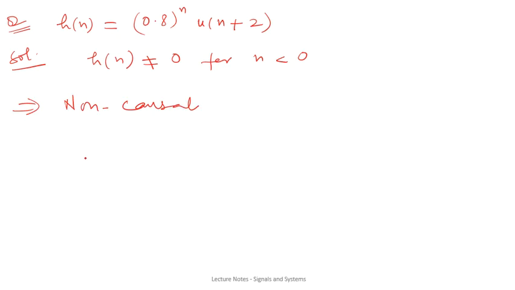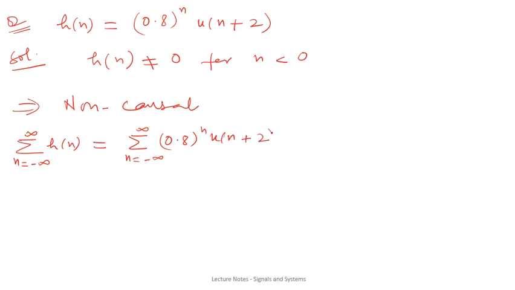Okay, and similarly for stability, you should try to solve this summation and find out whether this is a finite value or not. So you just put the value of h[n] which is given to you in the problem itself.